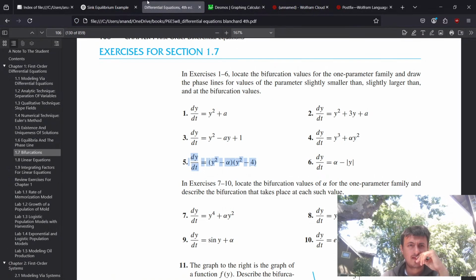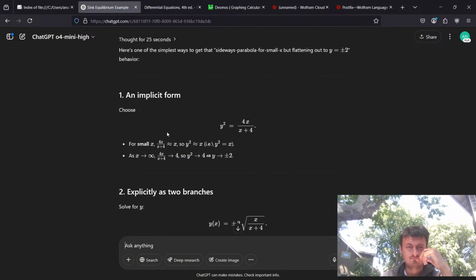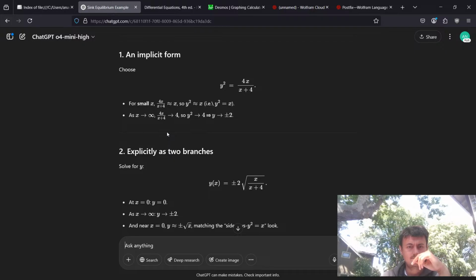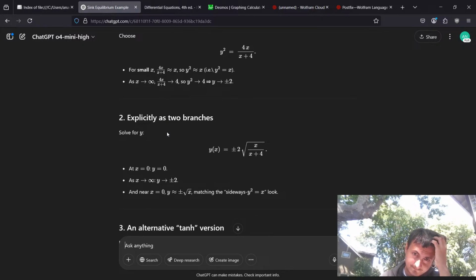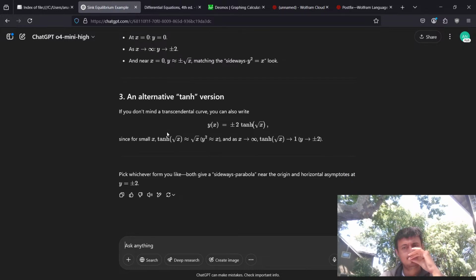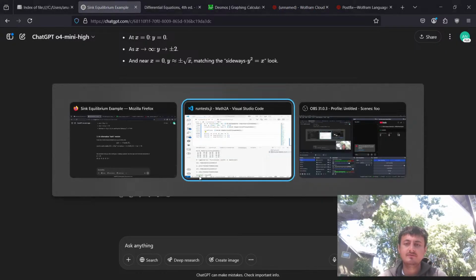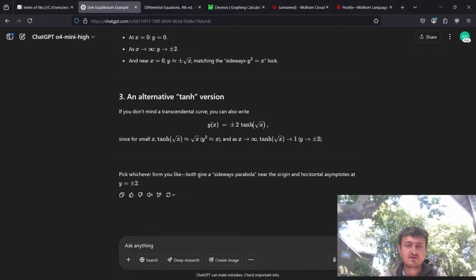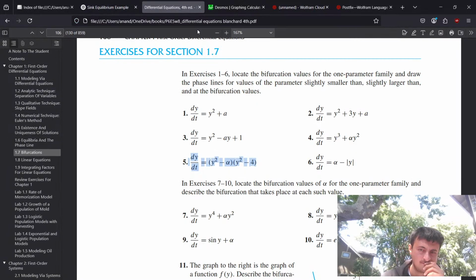It could be something like that. The way it approaches can be different, though. So it doesn't just have to approach it in a.